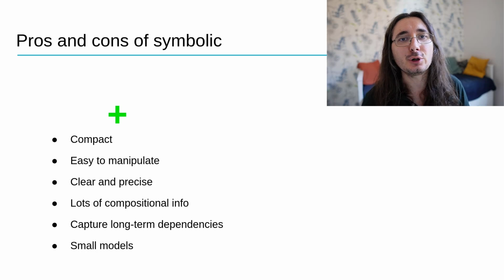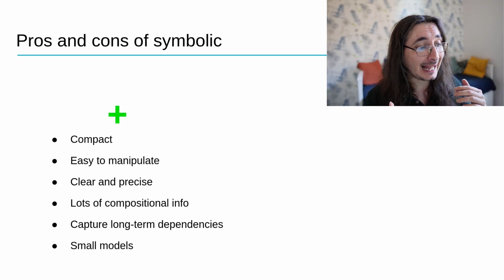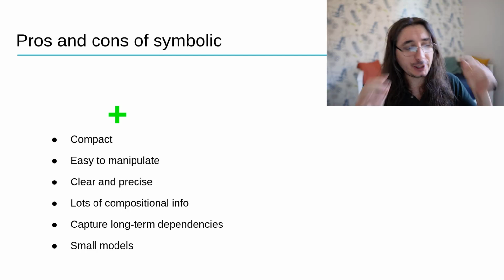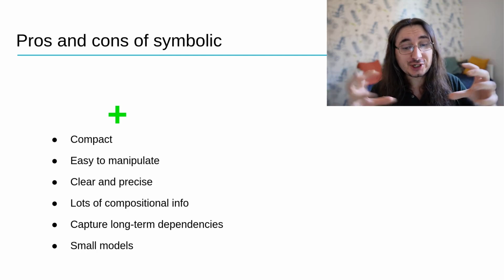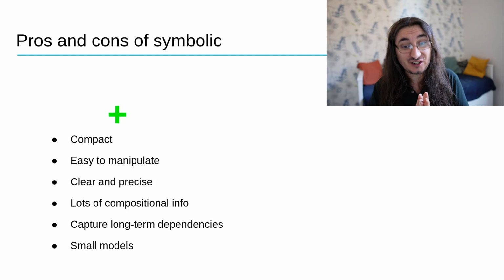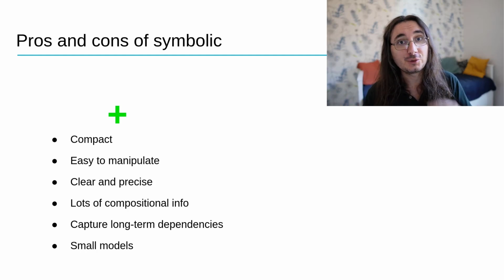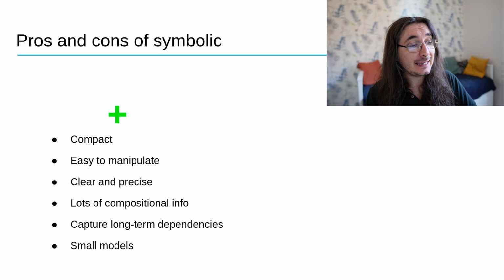If you train a deep learning model with symbolic representation, a big advantage is that it is able to capture long-term dependencies. And that's the case because the representation is very compact, so the sequences are not really long, and it's way easier for an architecture like a recurrent neural network or a transformer to pick up on the long-term dependencies.